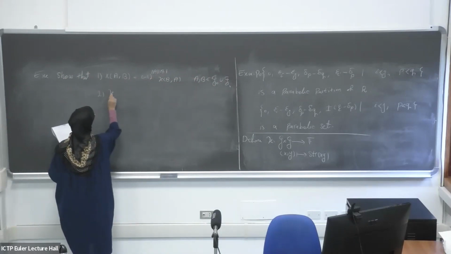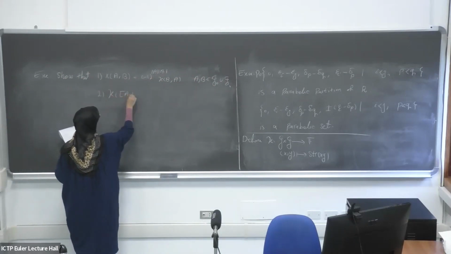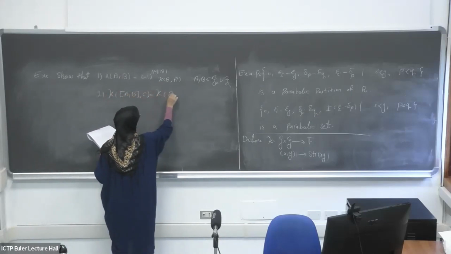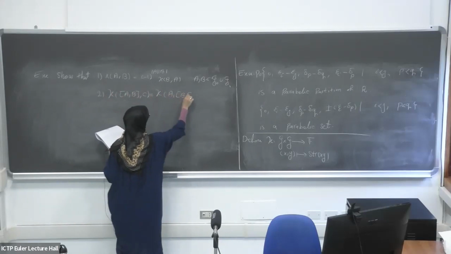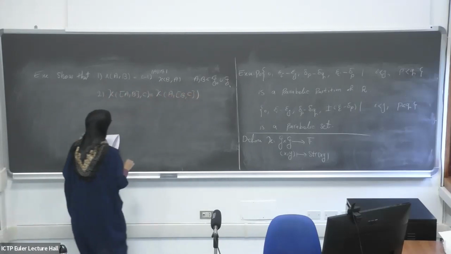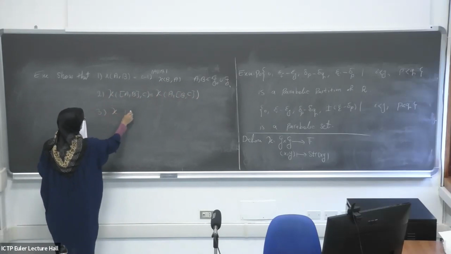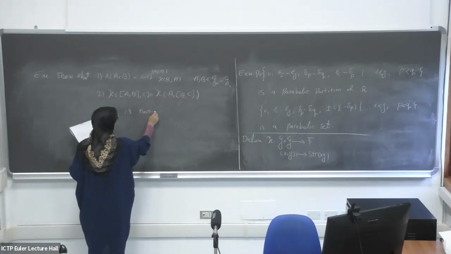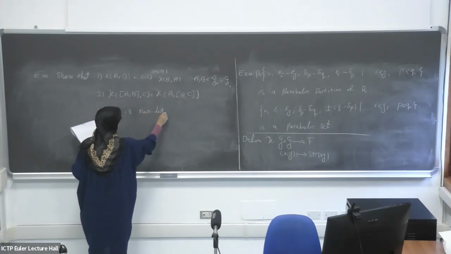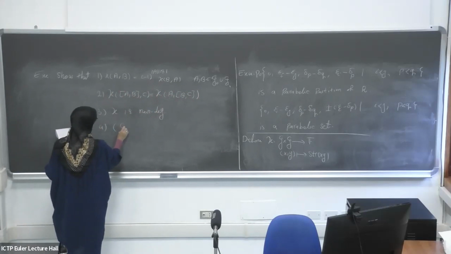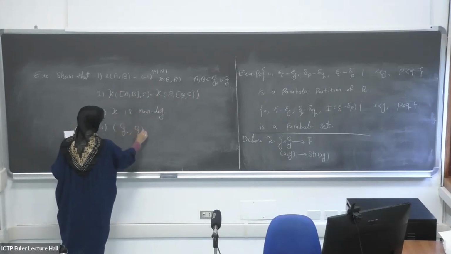So kappa([A,B],C) equals kappa(A,[B,C]), and it is something that we call invariant. Kappa is non-degenerate. And the last one is that kappa(G0,G1) is 0.